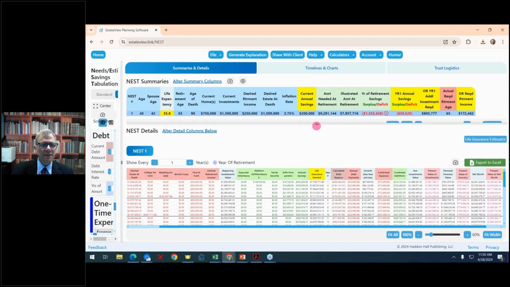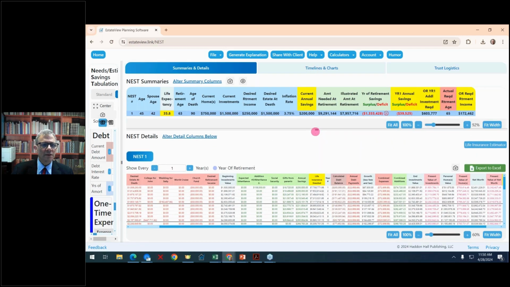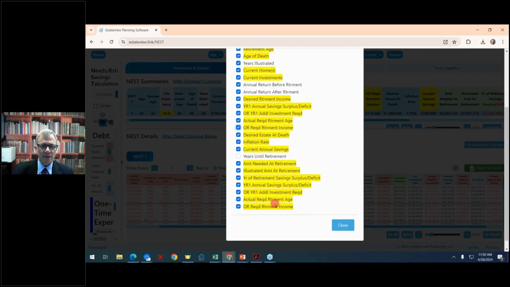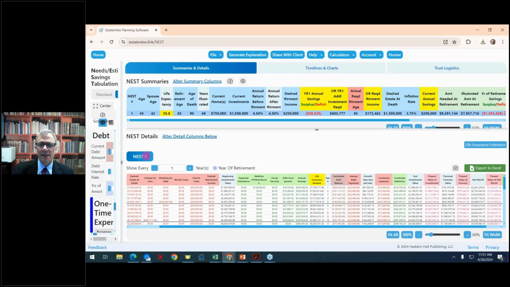Now, in all of our calculators, you will find that you can alter your summary columns by clicking here, and then you can decide what you want to show across the top, some or all of them. Typically the yellow ones are the ones that we recommend. And you can show more or less across the top.